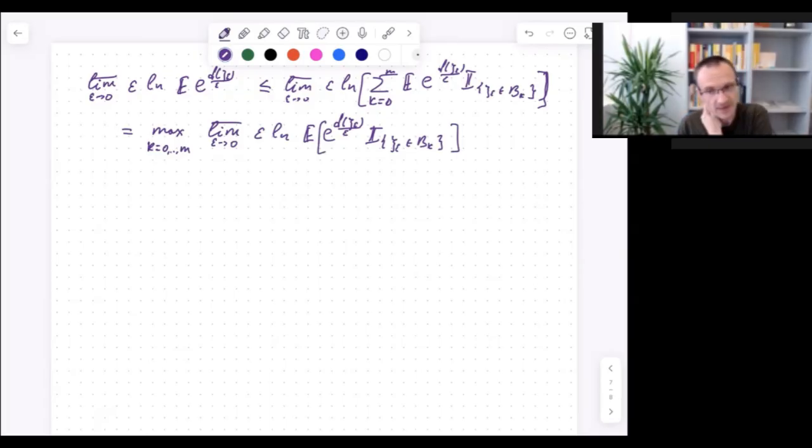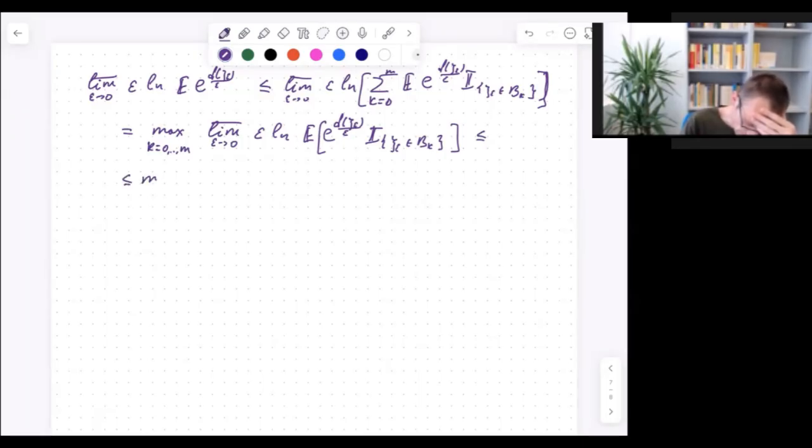And then the idea is similar. Before, we replaced that exponent by infimum; now we replace that exponent by supremum, and then we get the estimate in another direction, in the direction that we need.